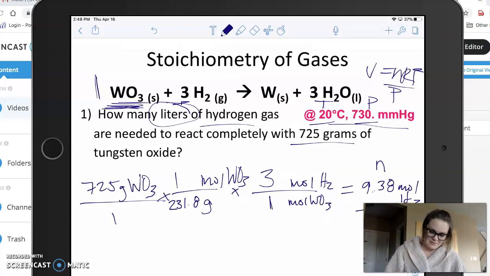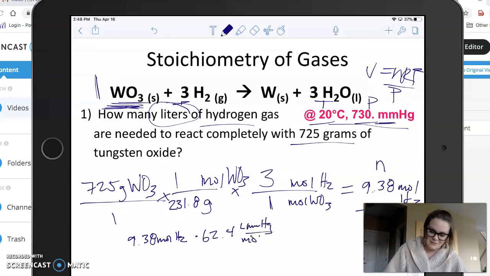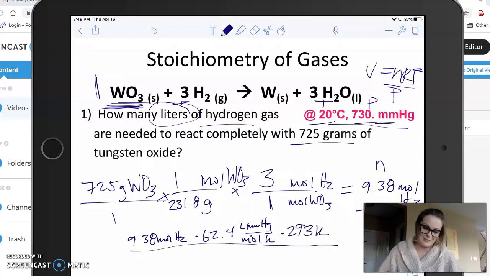So n, the number of moles, is 9.38 moles of H2, times the R value. Since pressure is in mmHg, I'm going to use 62.4 liters mmHg over mole Kelvin. And the temperature is 20 degrees Celsius, so plus 273 to it. I got 293 Kelvin, all divided by the pressure, which is given in the problem, 730 mmHg.